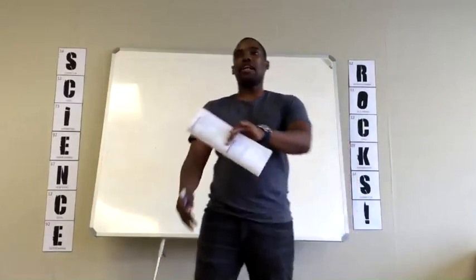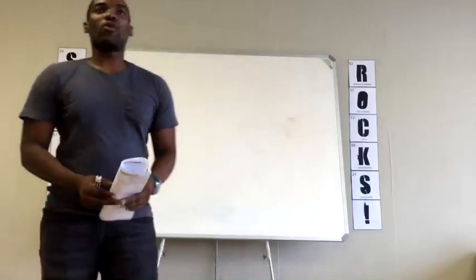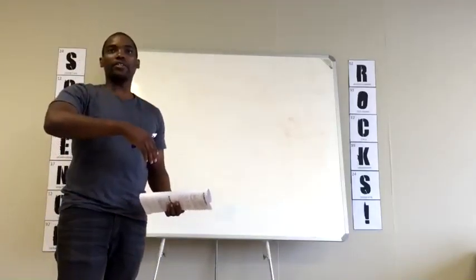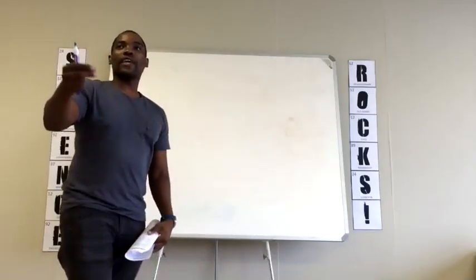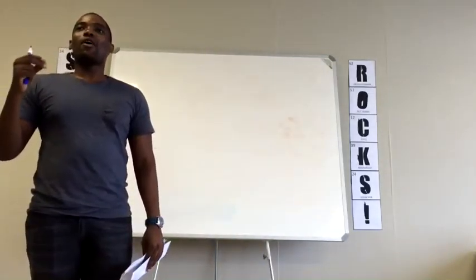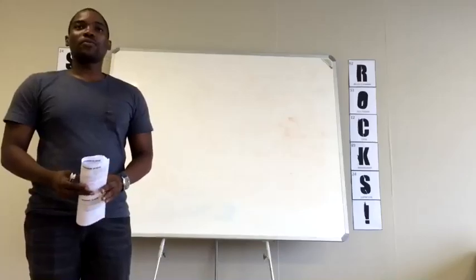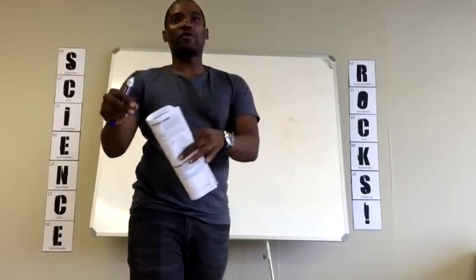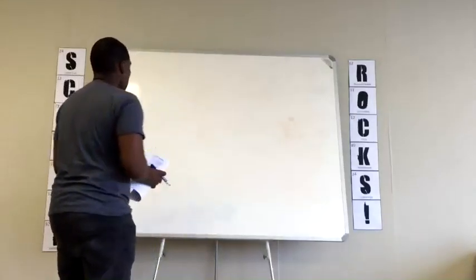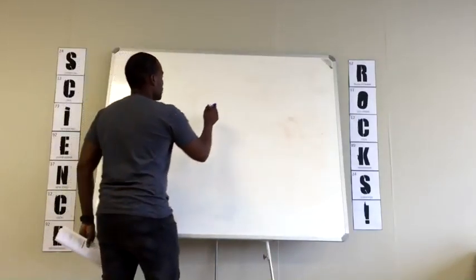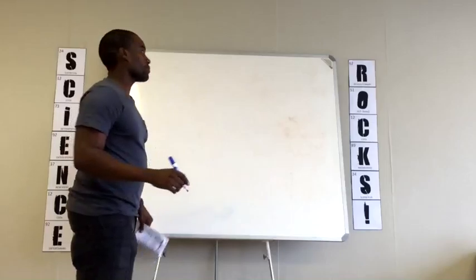Which is more your qualitative chem: what product do I form when I add certain reactions together? Your quantitative chem is more focused on how much do I get out. So if I add this much of this and this much of that, how much of the products do I get back? Okay? So now we have to introduce the concept of the mole.